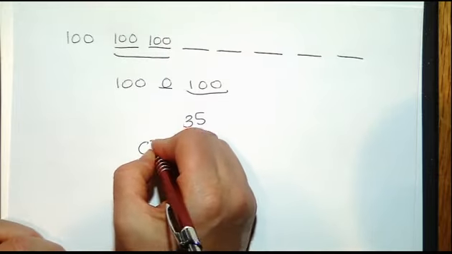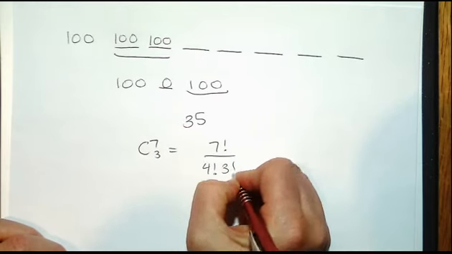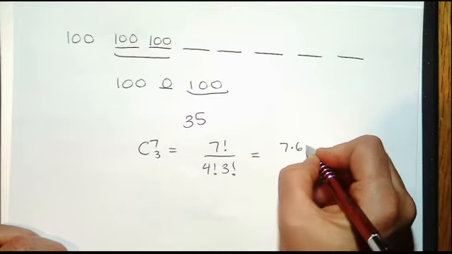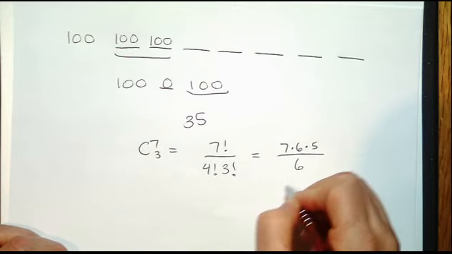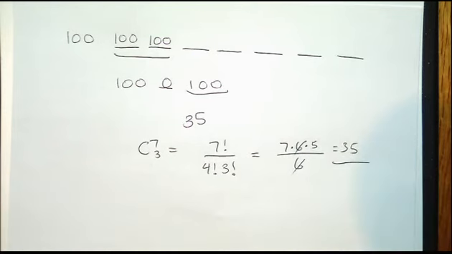C(7,3) is 7 factorial over 4 factorial, 3 factorial, which is 7 times 6 times 5 over 6, which is 35. Yay. Once I figure out how to map this problem, I have to make sure I'm not counting anything twice. That's why I was drawing this picture, to see if there was any way I could get the same thing by putting zeros and 100s in different spots.